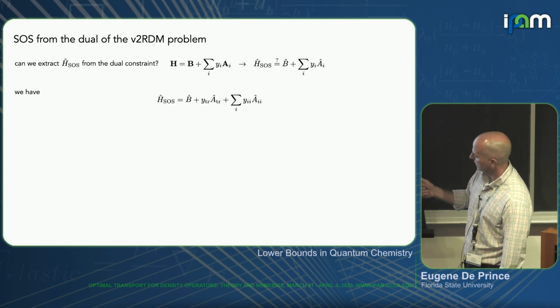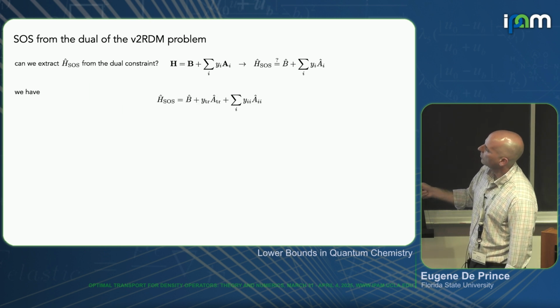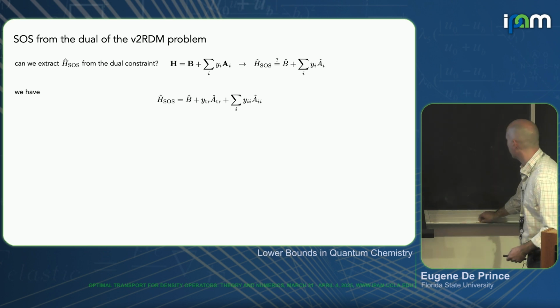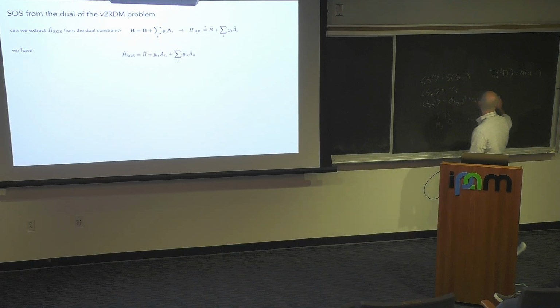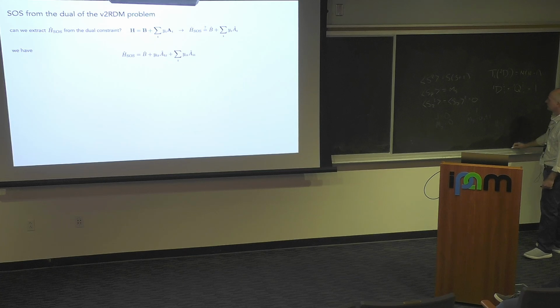OK, did I miss something there? I don't think so. So now my SOS Hamiltonian is this B, and I have a constraint for my trace, and I have a sum of constraints relating the diagonal elements. That's saying that D1ii plus Q1ii is equal to 1.